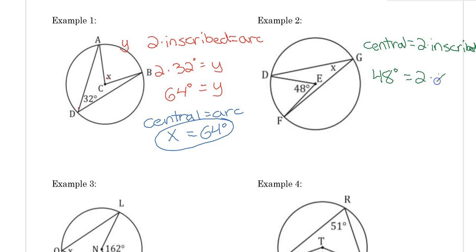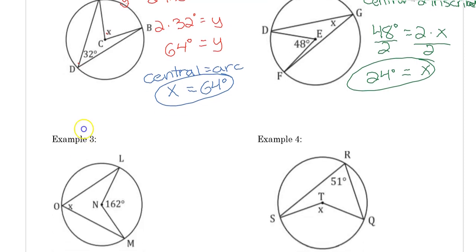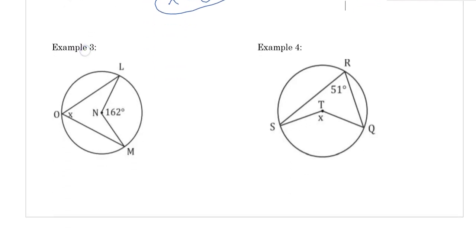My inscribed is x. So now solving for x, I'm dividing by 2. So x equals 24 degrees. Same thing with example 3 or example 4. I can do it either way.